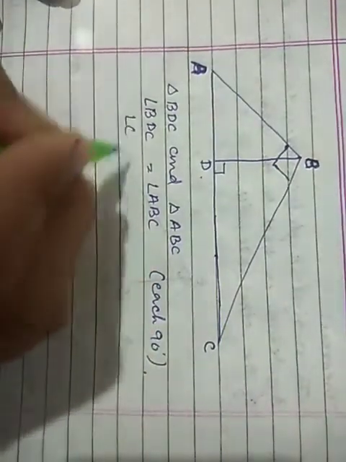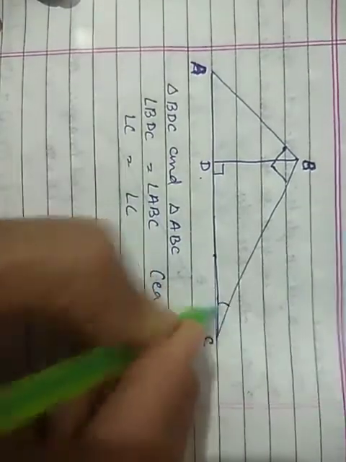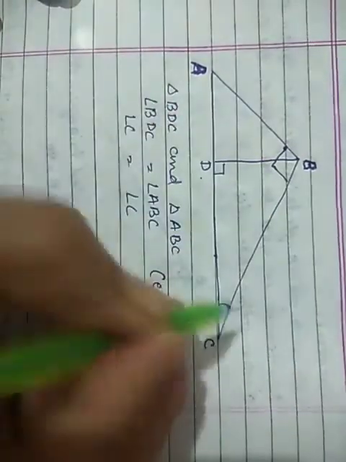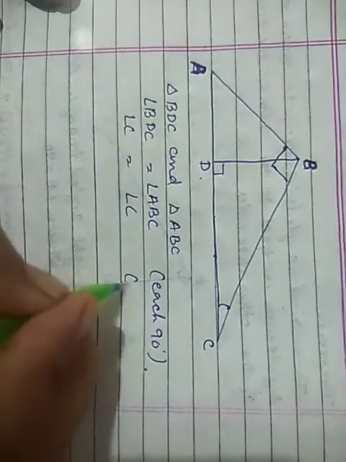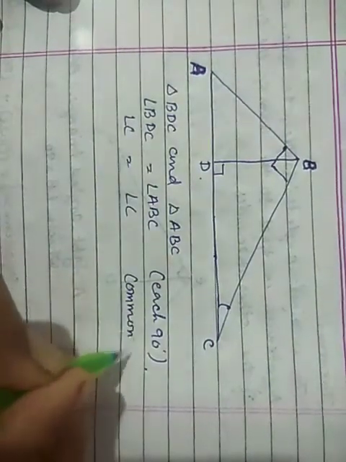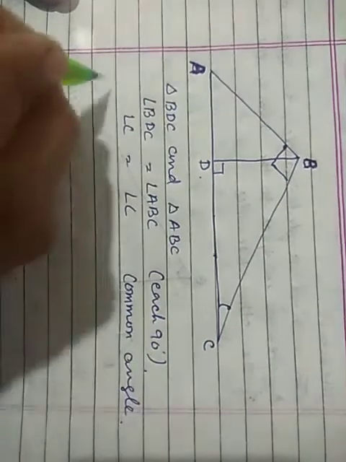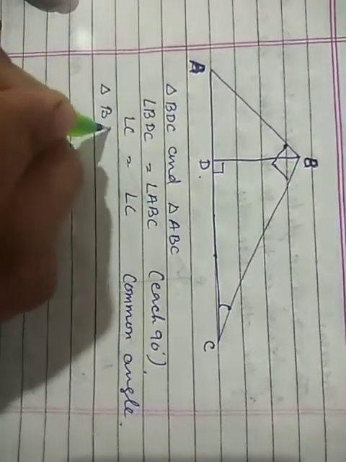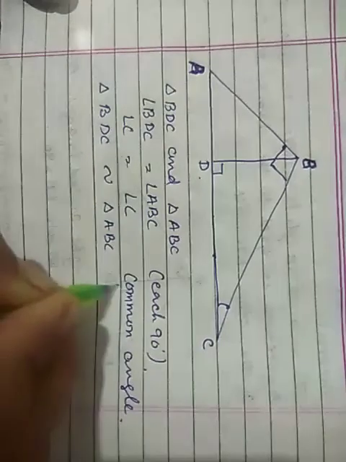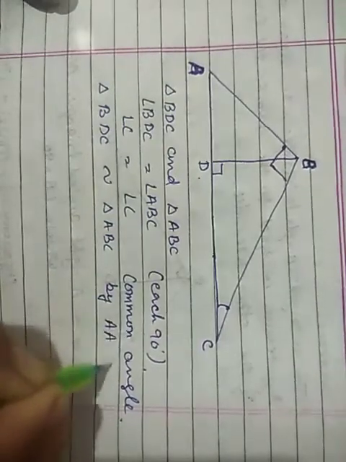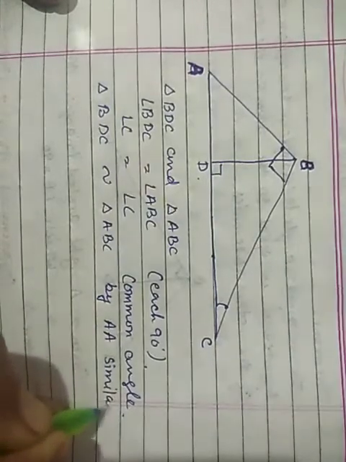And angle C is common. You can see in BDC angle C is there, in ABC also angle C is there. So this is the common angle. So again the triangles are similar by AA similarity.